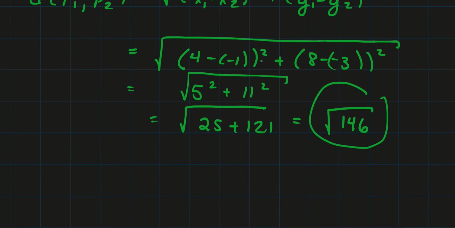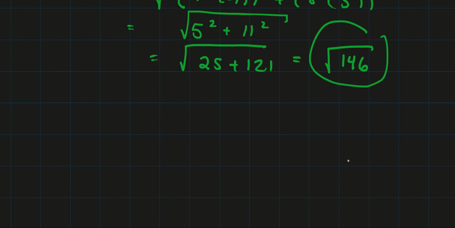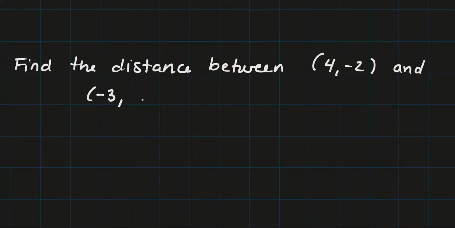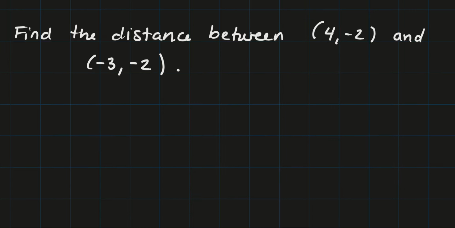Let's try another example. Let's find the distance between the points (4, -2) and (-3, -2). Just use the distance formula again.